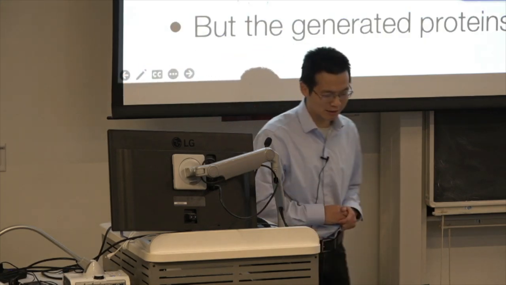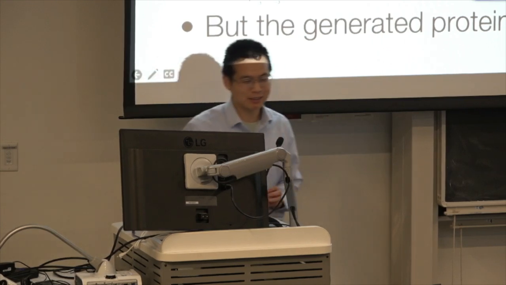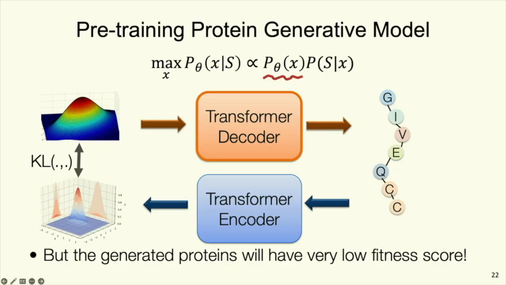Okay, excellent question. So the question is about the diversity of the generation. Well, we have the same issue in language generation, and here a similar issue in molecule generation. In language generation, how do we encourage diversity?